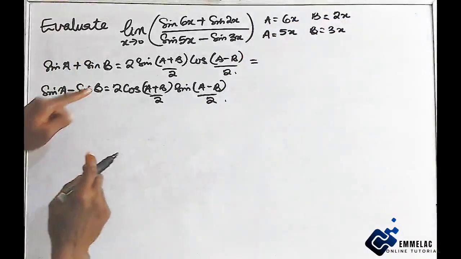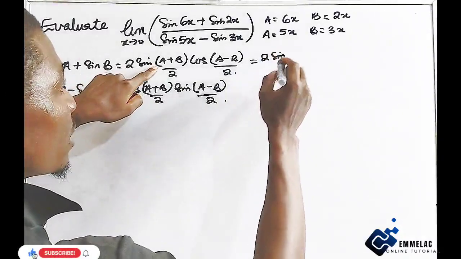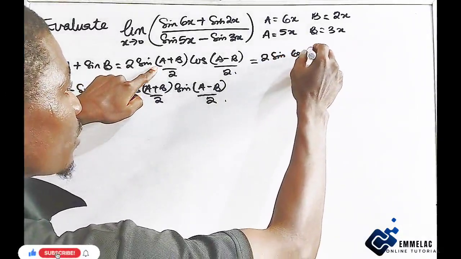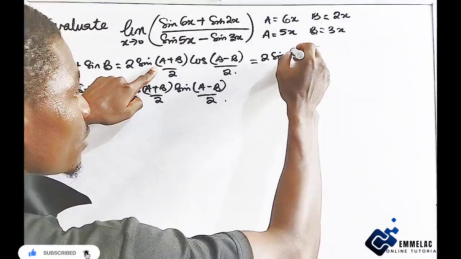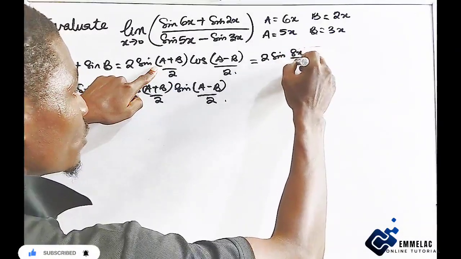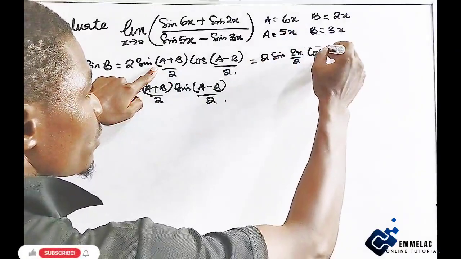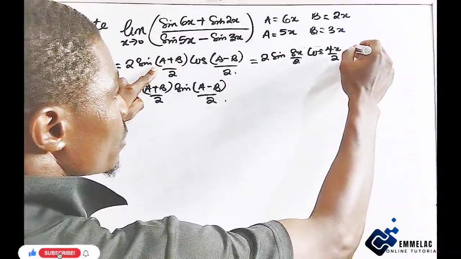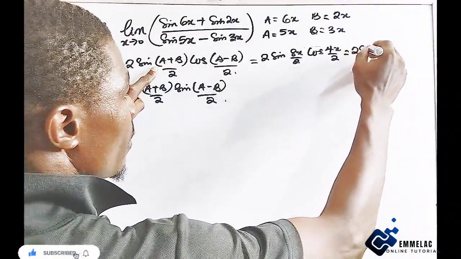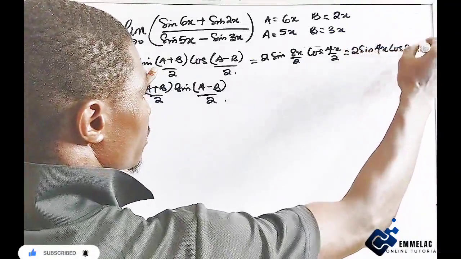Applying this rule, we have 2 sin((6x + 2x)/2), which is 8x over 2, then cos((6x − 2x)/2), which is 4x over 2. This gives us 2 sin 4x cos 2x.